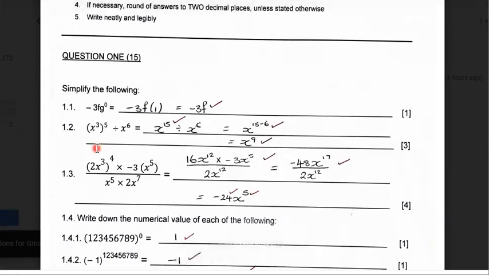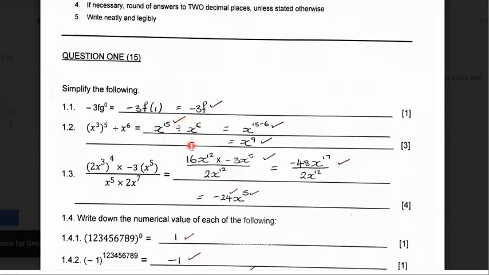1.2 has x to the power 3 raised to the power 5, divided by x to the power 6. Now, raising an exponent to an exponent means we're going to multiply your two exponents. So you've got x to the power 3 times 5, 3 times 5 giving us 15.